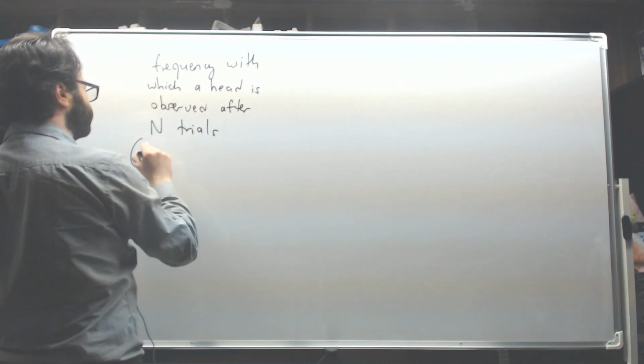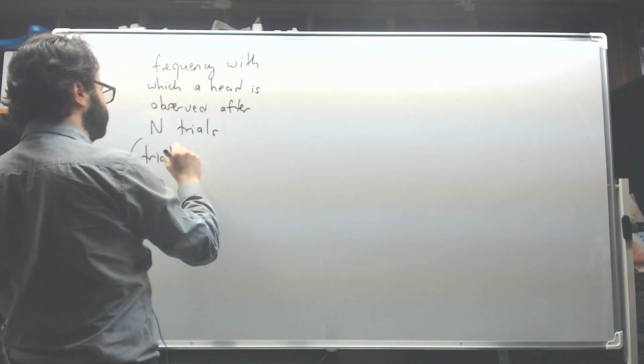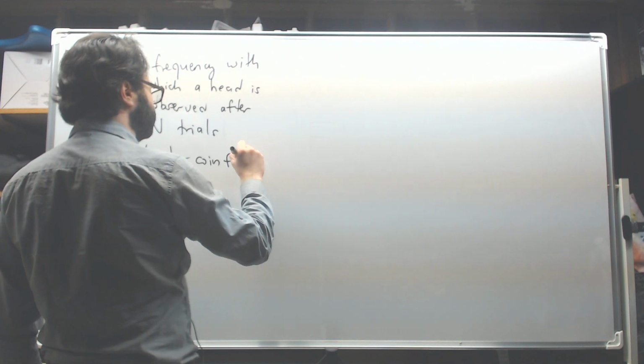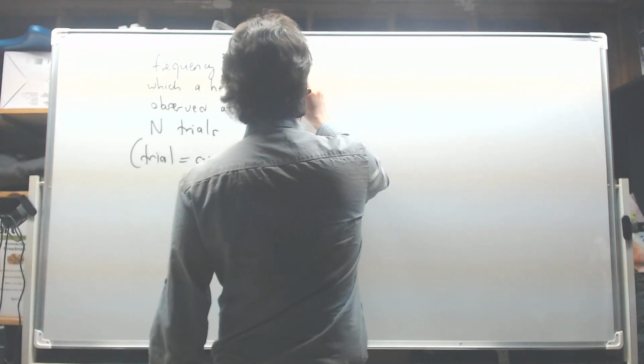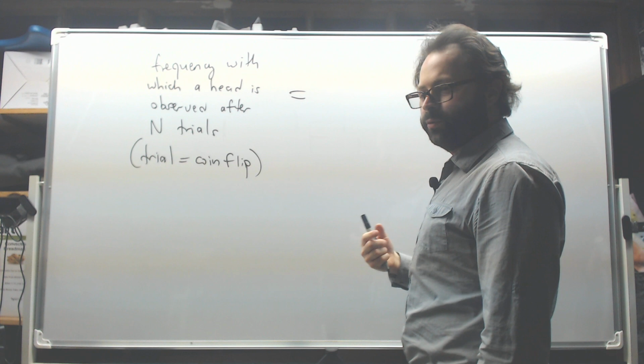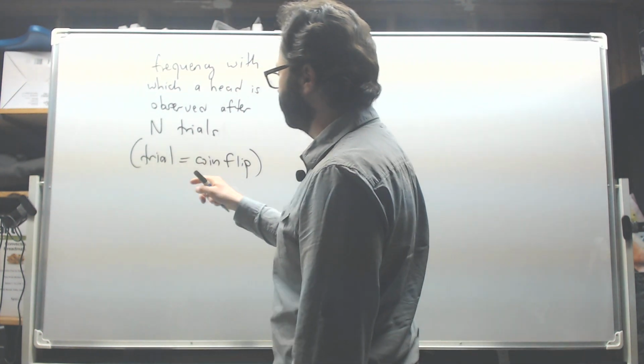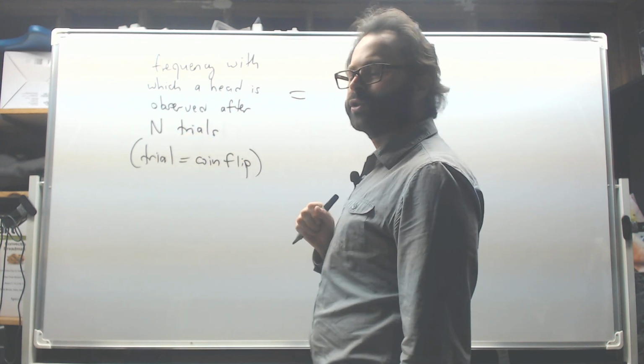And by trials, we mean a coin flip. This frequency, we imagine evaluating after doing many, many, many identical trials. That is to say, we take the limit as the number of trials goes to infinity.